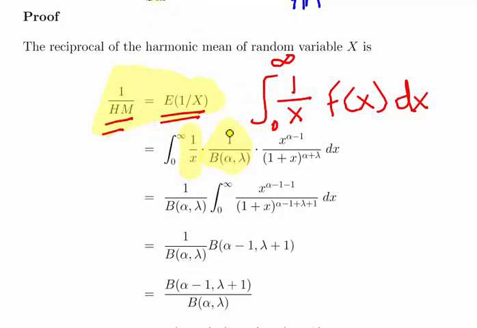What we can do is take the constant part out and put it in front of the integral. We have 1 over x times x to the power of alpha minus 1, so we can re-express that as x to the power of alpha minus 1 minus 1.